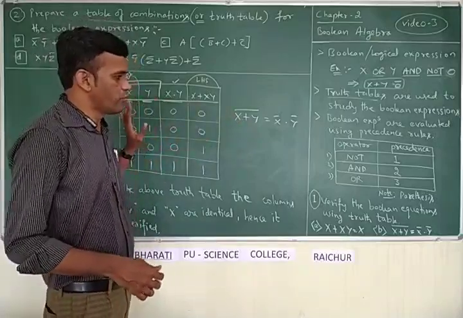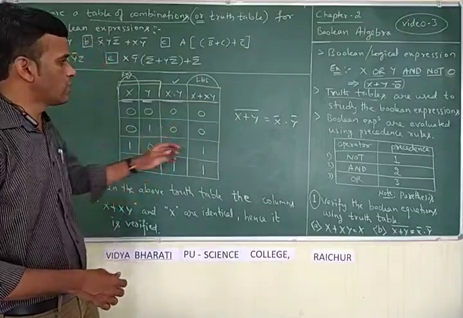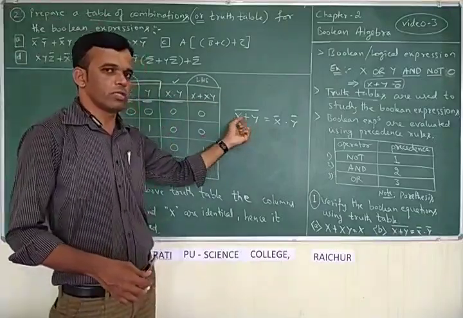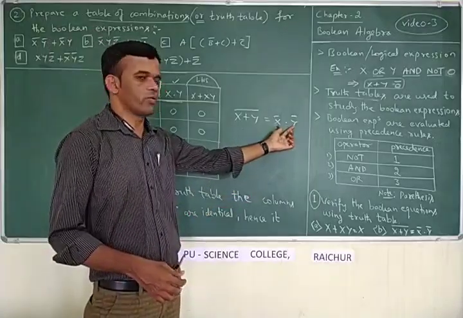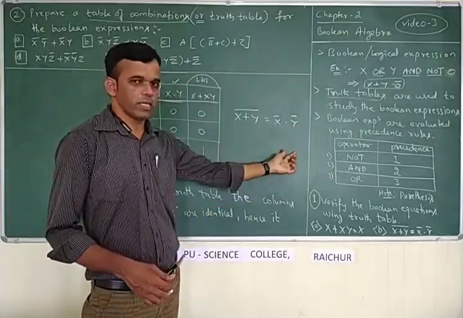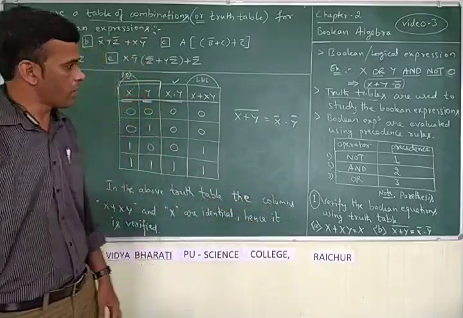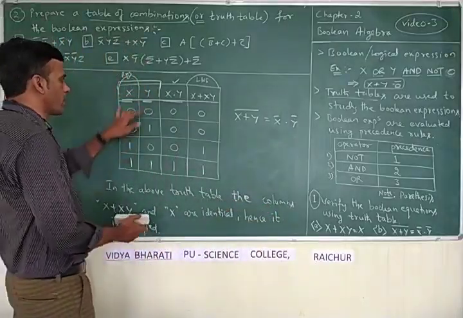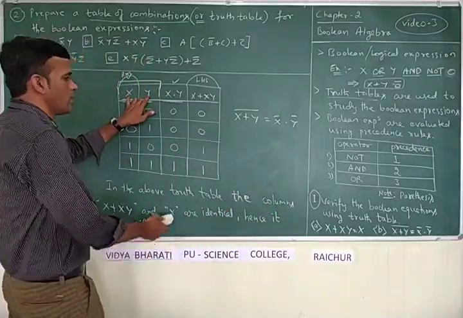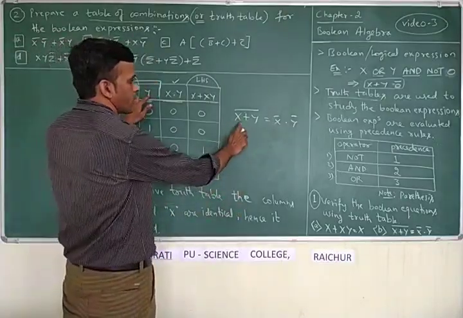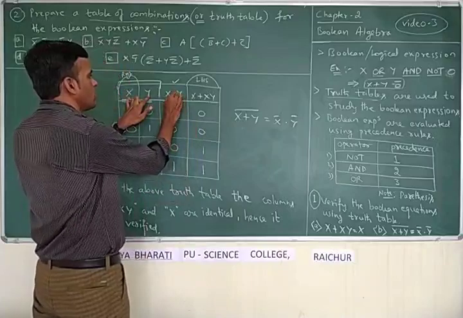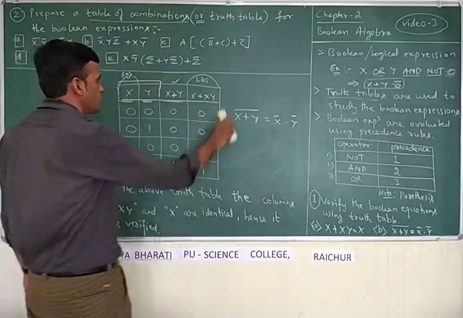Now we will just prove that this part of the expression gives the same values as whatever values we are getting for this part of the expression, x bar into y bar. So x and y, two variables. Next, in the LHS side, I want x plus y first. So first we will go for x plus y.